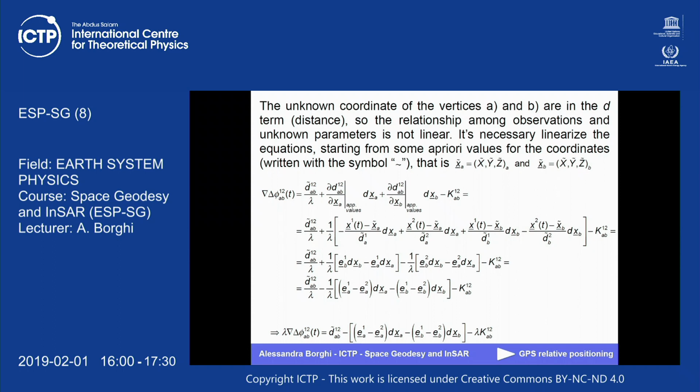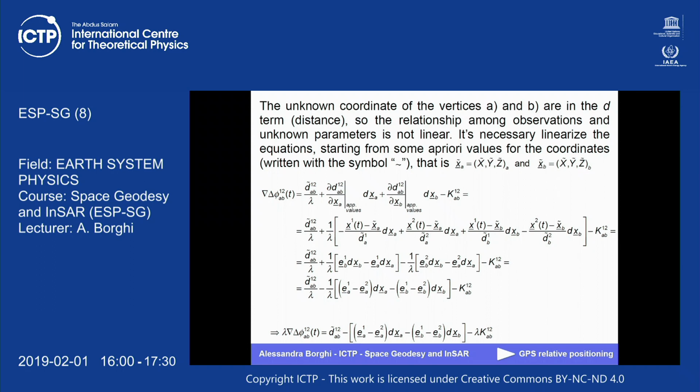But what we can see is that the distance has an expression related to the square root, sorry, I started with the square, to the square root of the distance as a coordinate, and we do not have a linear relationship between observation and parameters.